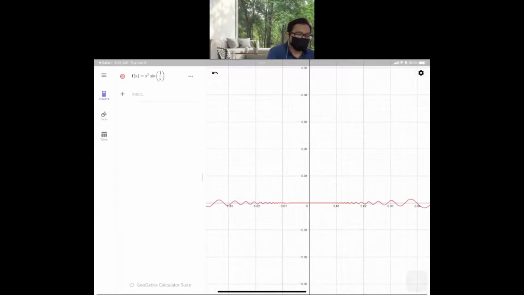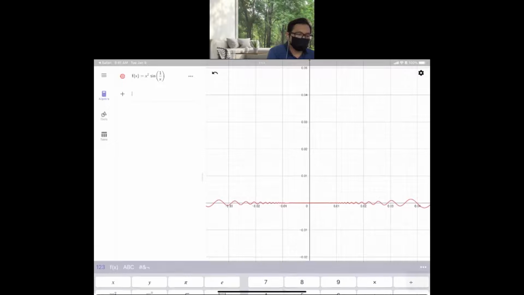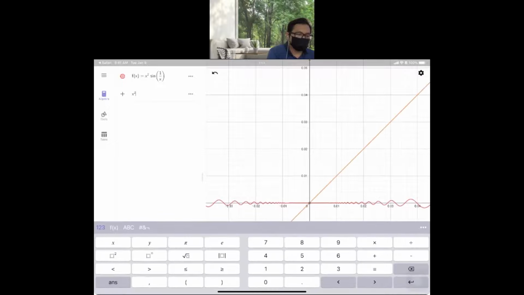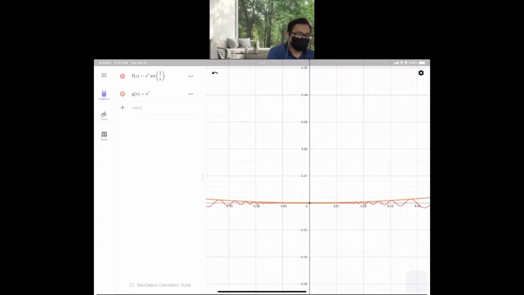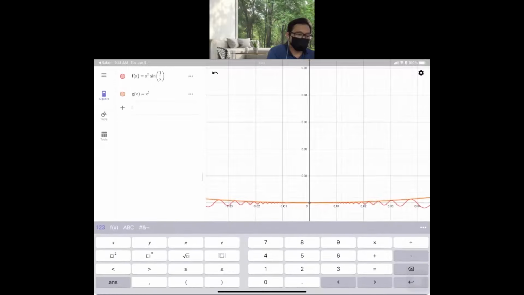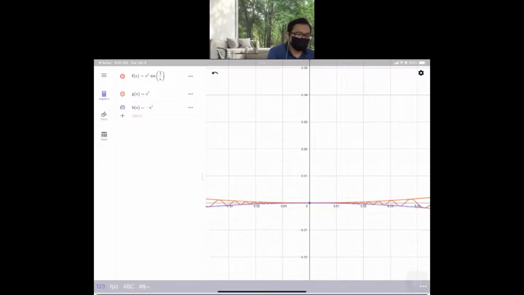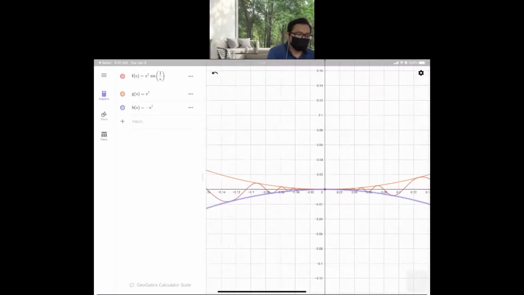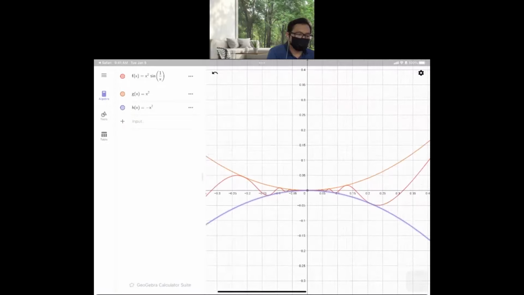We need to make it a little bit closer there. And then add another one, negative x squared. Well, you see, this is our function, x squared sine 1 over x. When it reaches 0, it has oscillations and the gap gets closer and goes to 0.